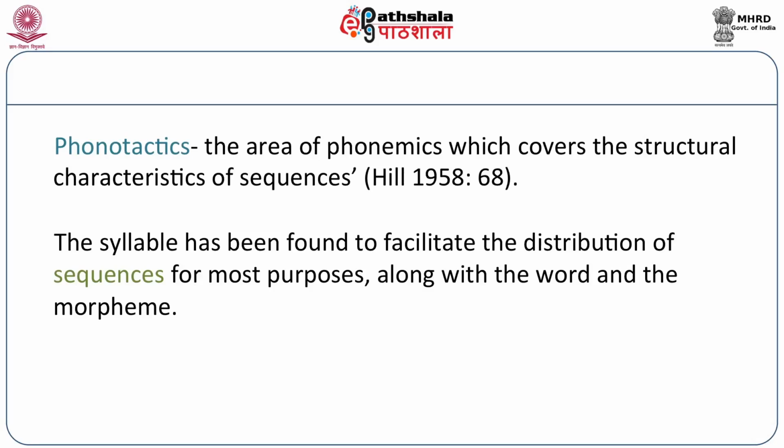For example, what consonants begin and end a word. In English, for example, when you begin a word with more than one consonant, you find that there are restrictions on what consonants can begin a word. For example, the first consonant should be an S. If that is so, then you can have any other consonant.